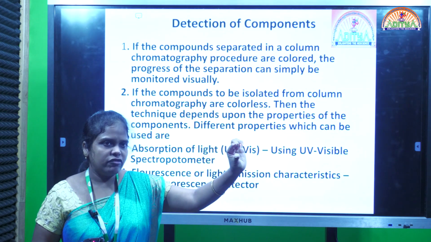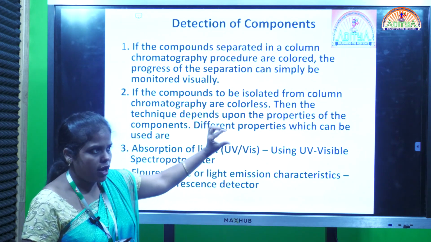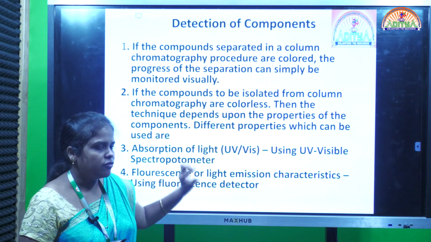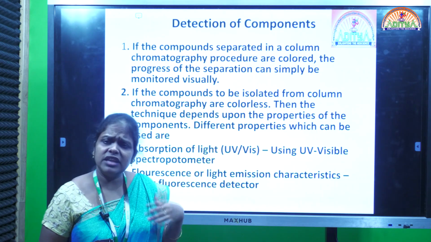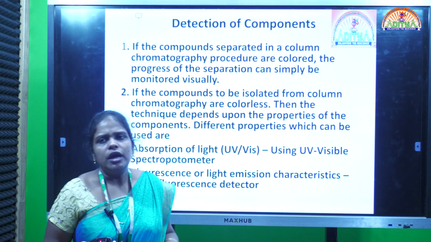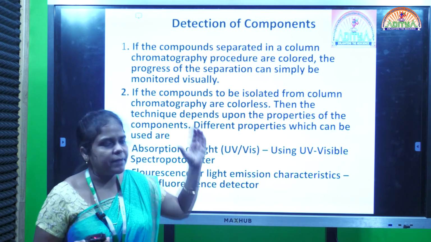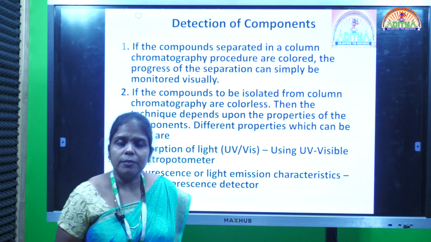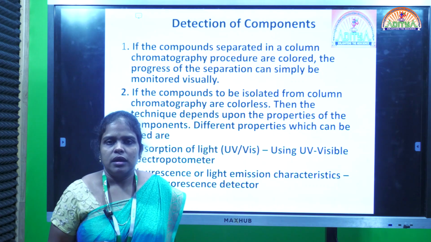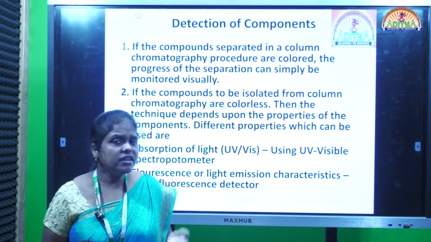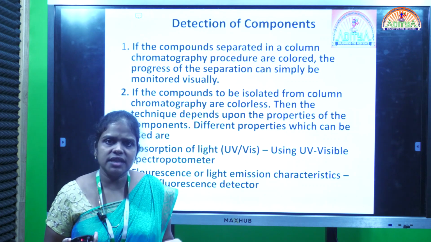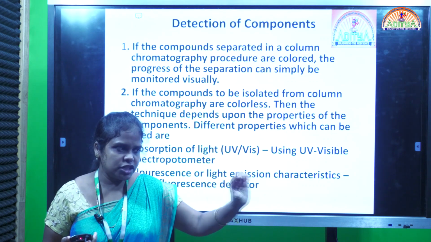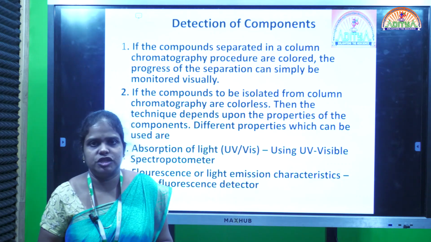One component will be in one color, and you can see it in the column. If it is a colorful compound, you can visually see the separation nicely. But if the component is colorless, it is separated, but you can't see which component is separated at which part.